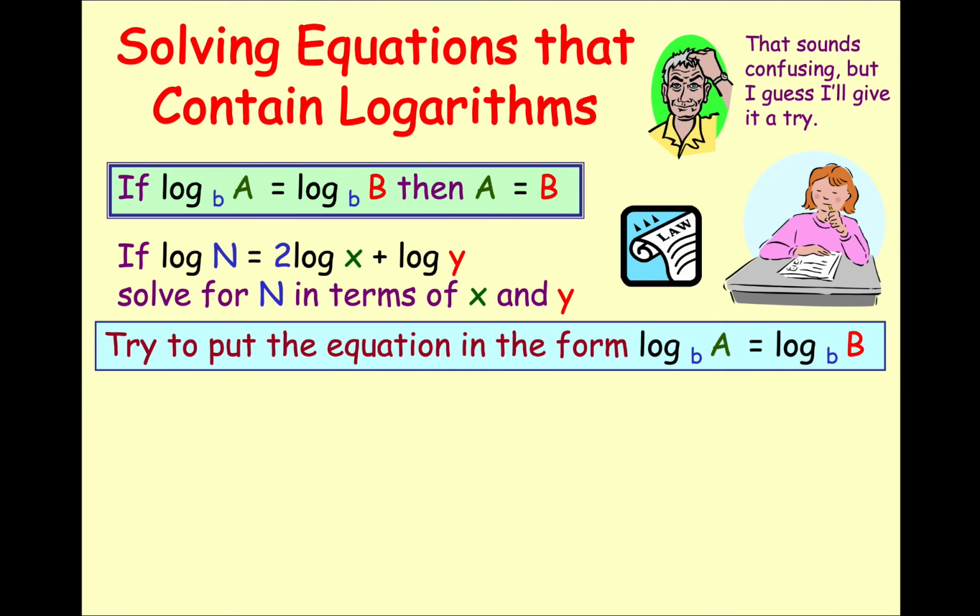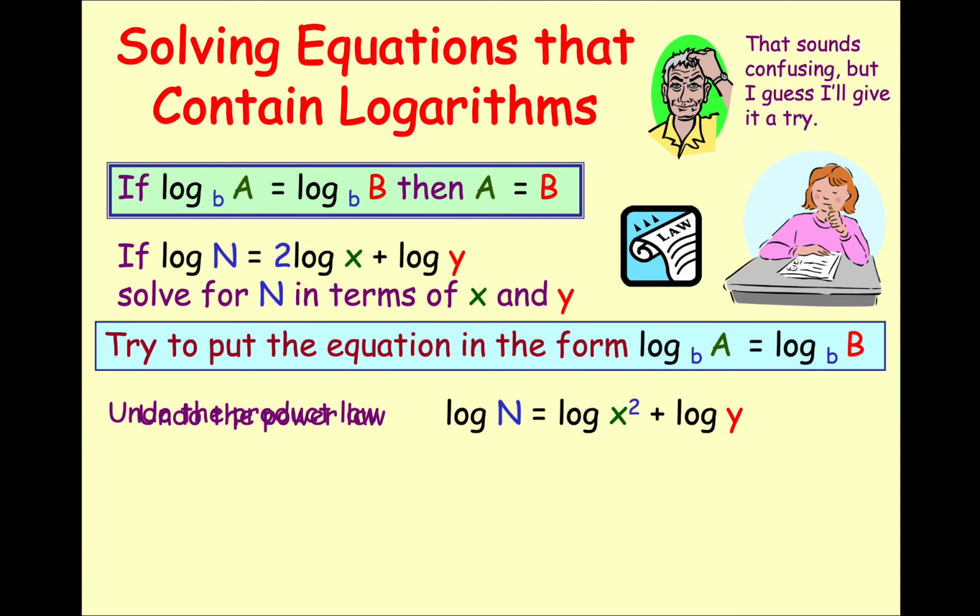Try to put the equation in the form of log b A equals log b B. Undo the power law. So we get log n is equal to log x squared plus log y. Undo the product rule.